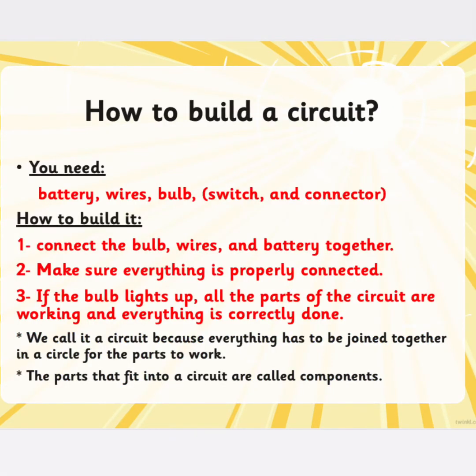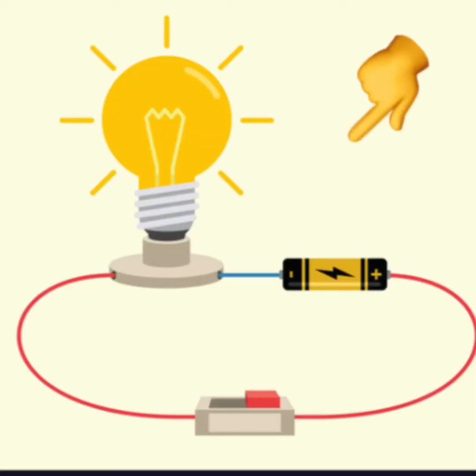So students, you too can build a circuit at home, but with the help of adult supervision. You can buy the components of the circuit in any electrical shop. You will need a battery, wires, bulb, switch and connector. After you have all these things ready, connect the bulb, wires and battery together.